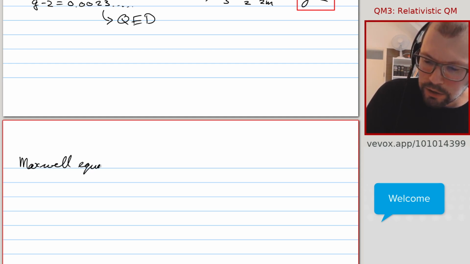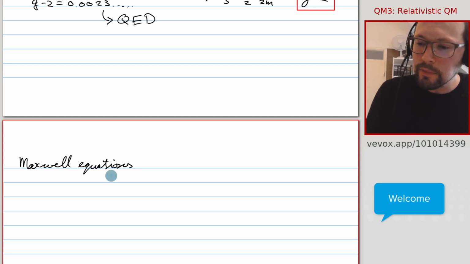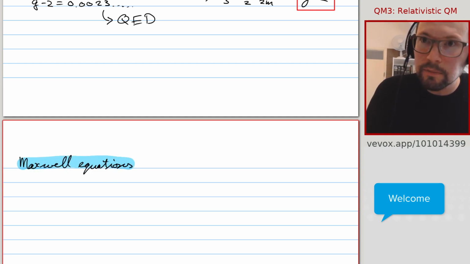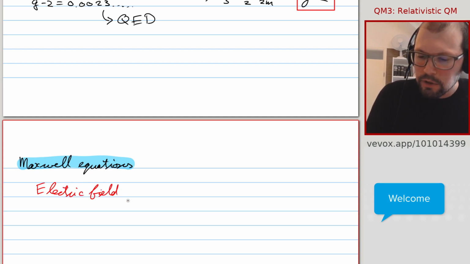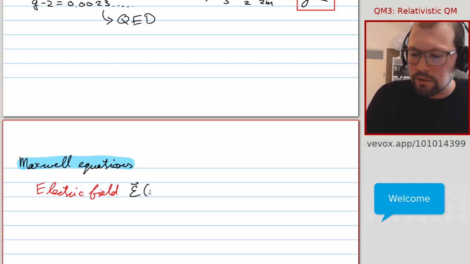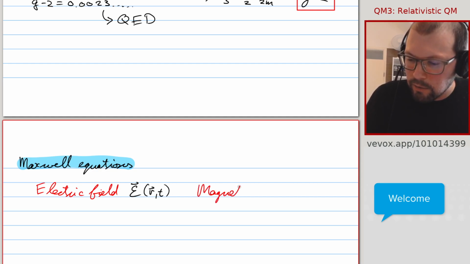The Maxwell equations, let's just recall them, and introduce the quantities again. So the electric field we denote by the curly E, not to confuse it with energies. Magnetic field B.